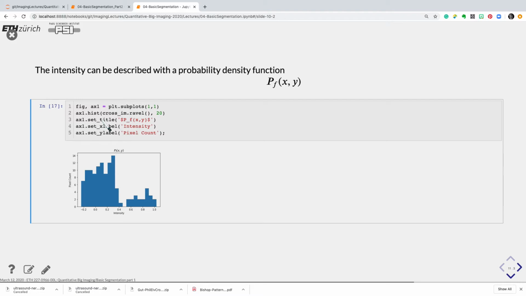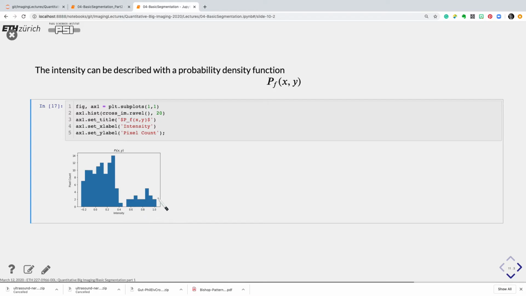So looking first at the histogram, the probability of different gray levels, in this image we have a large mode here, which corresponds to the background, and then we have a smaller mode here, which corresponds to the item, the cross that we want to look at.